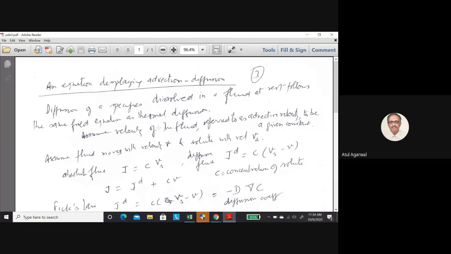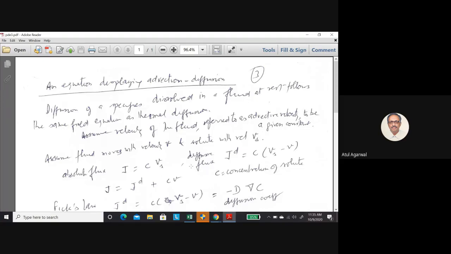Now we assume the velocity of the fluid, referred to as advective velocity, to be a given constant. Now we assume there is a flowing fluid. So assume the fluid moves with velocity v and the solute moves with velocity vs. So the absolute flux is C, the concentration at any point, into vs. This is the absolute flux of the species or your solute.